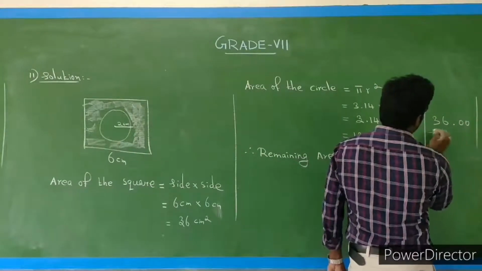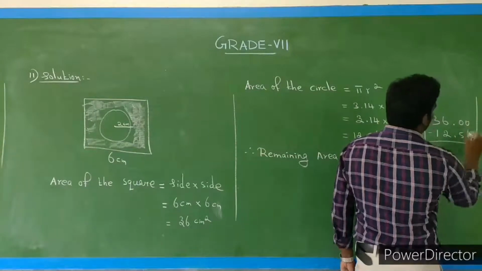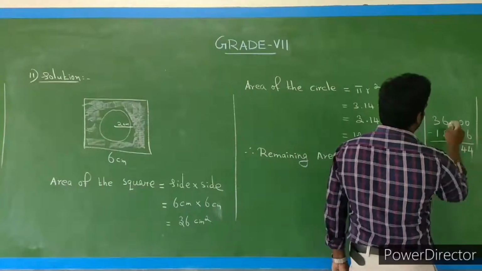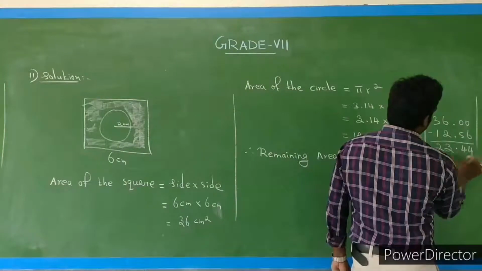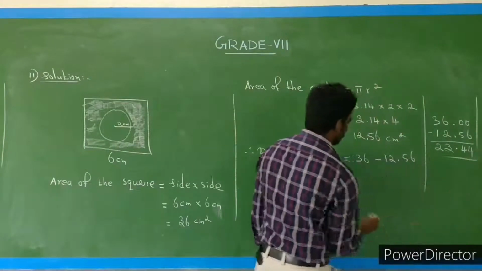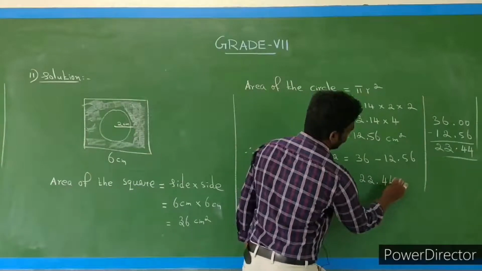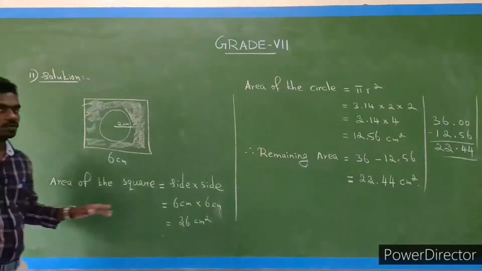We can subtract the value from 12.56. So the value is 4 and 5 minus 2, what is that? 3, here 2. So 23.44. 23.44 centimeter square.